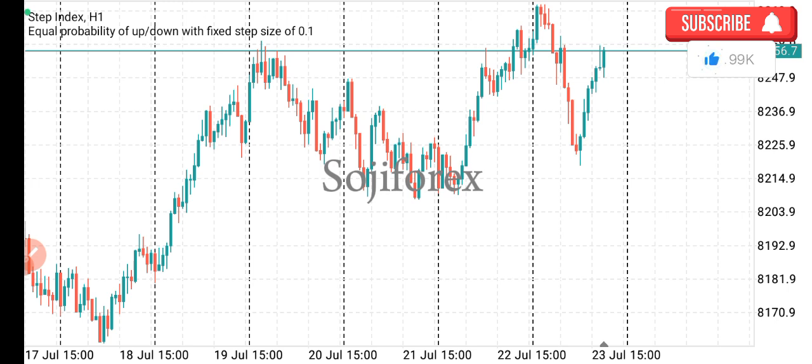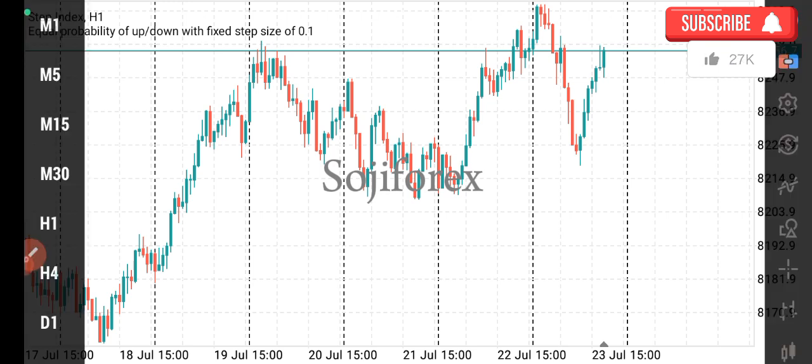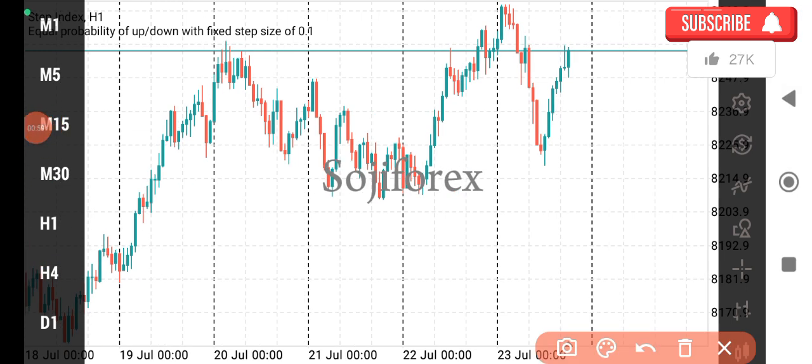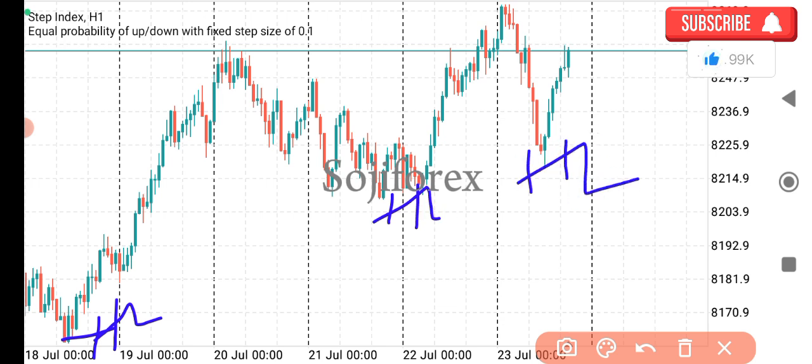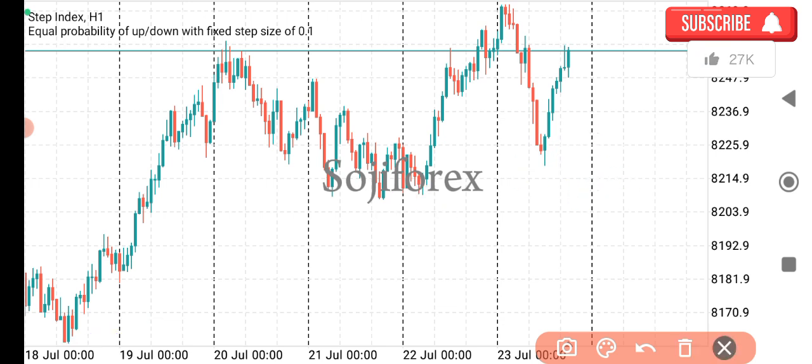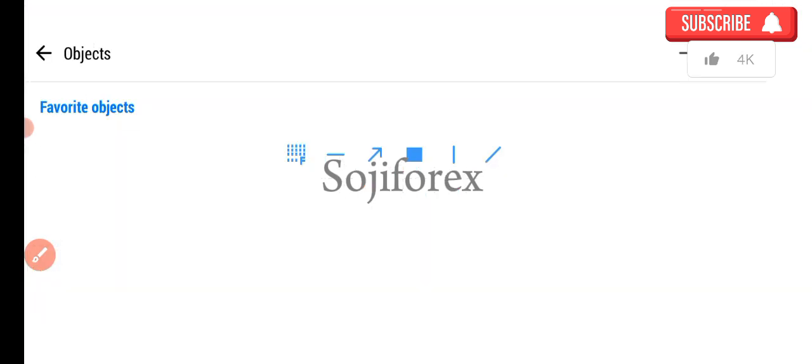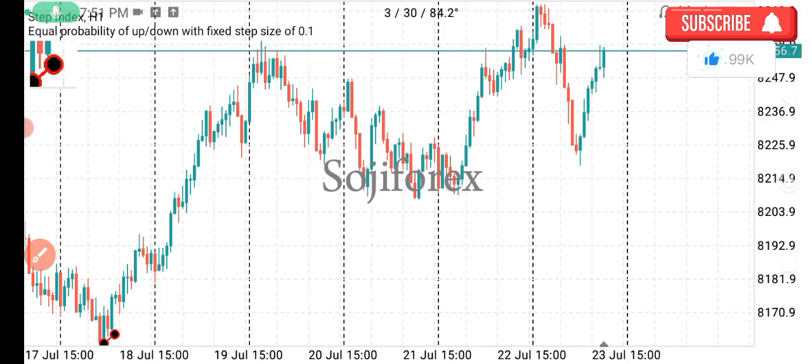For instance, if I'm to do this using my naked chart, I'll be coming up this way. Here is my higher low, and a higher low. So I am in an uptrend. If I am to connect my trend line, I will be having this.